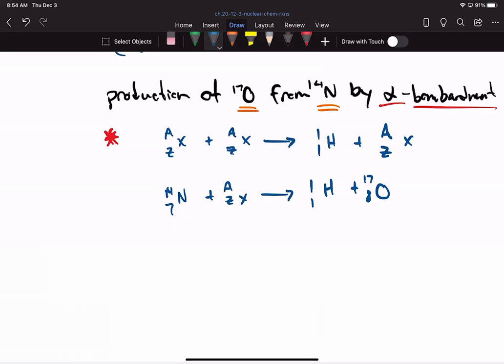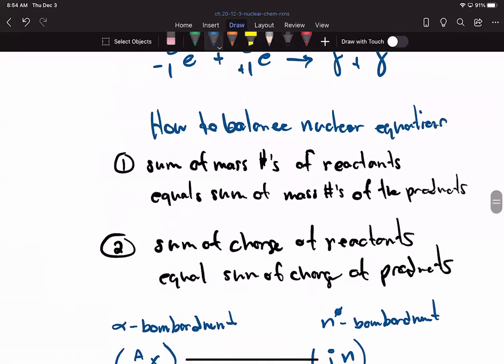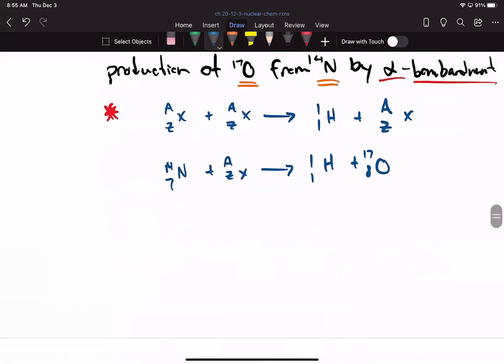8. All right. So going with rule number 1 and rule number 2, right? The sum of the masses of the reactants have to equal the sum of the products. Well, the mass of the product is 18. Which means that this A down here, so I'm going to write this one more time, 14, 7 nitrogen, plus this has to equal 4.